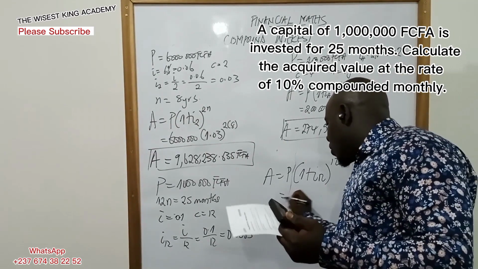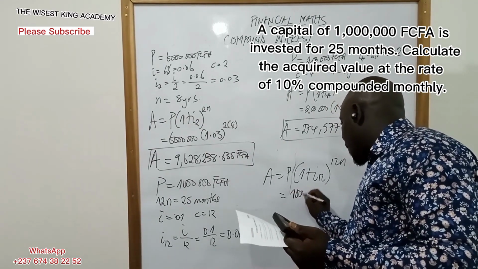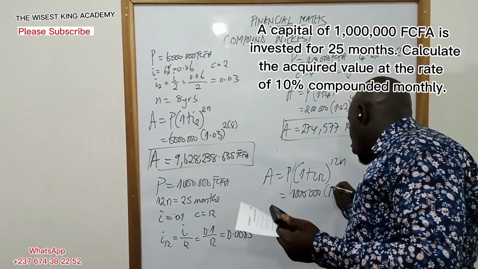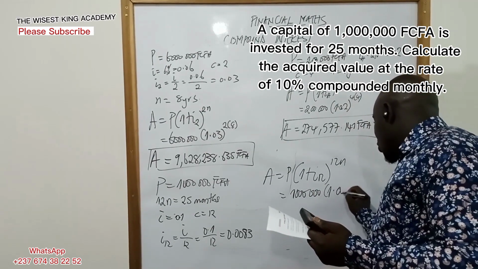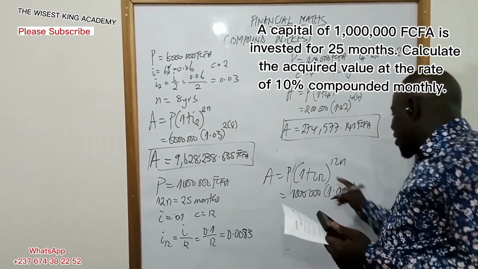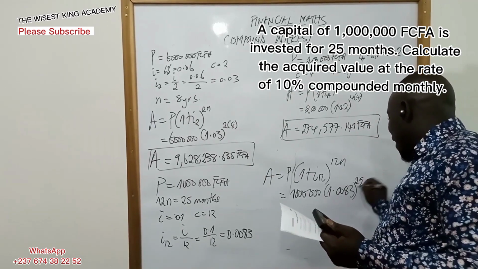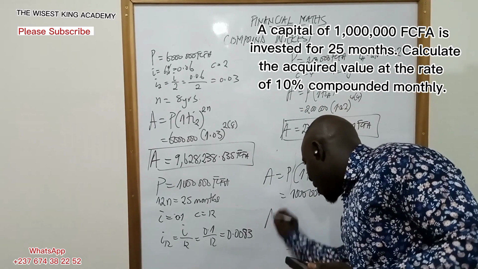So this will be equal to 1 million into 1.0083 raised to the power 25. So what is going to be our acquired value in that?